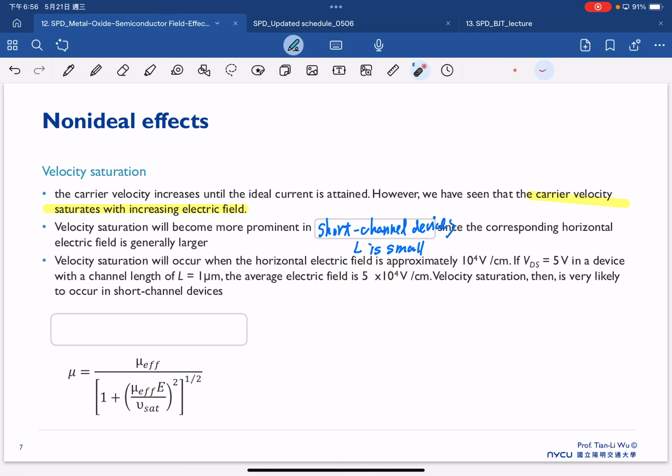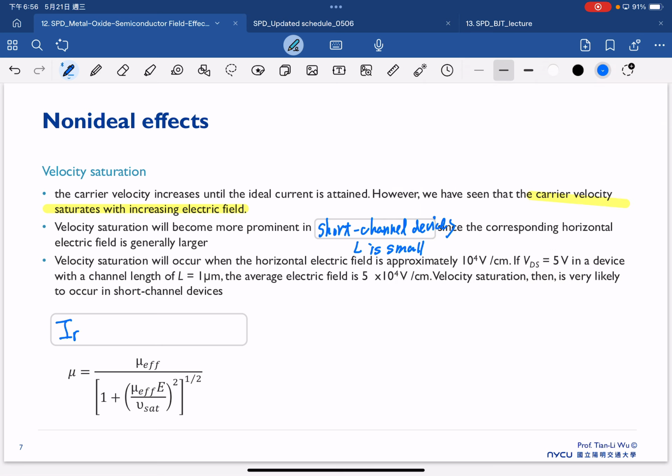That's why velocity saturation can more easily happen in a short channel device.